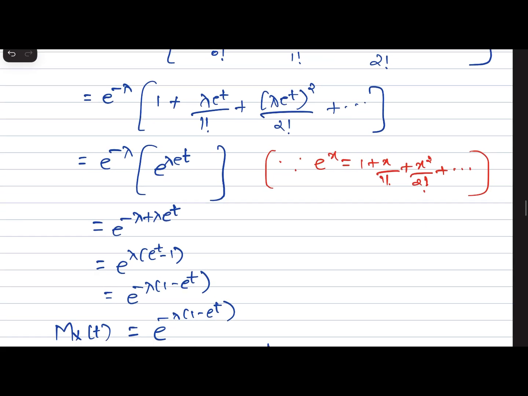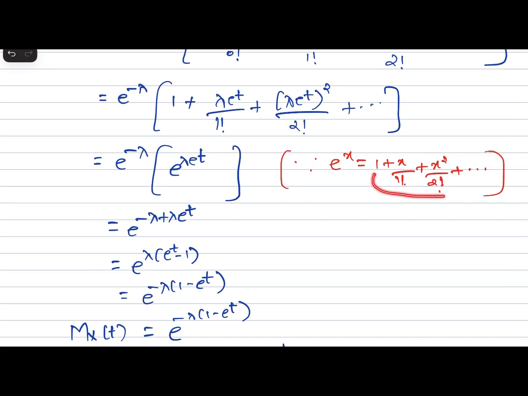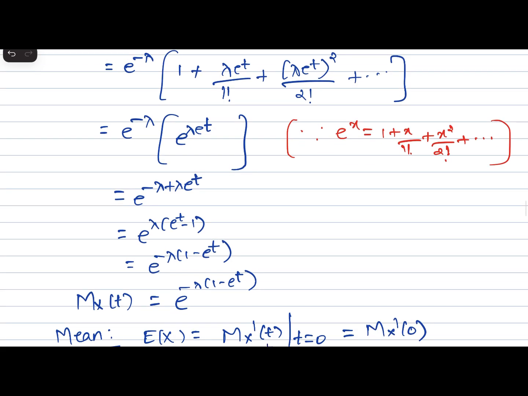But we know very well that 1 plus x by 1 factorial plus x square by 2 factorial plus etc. is nothing but e to the power x. So you can just compare these terms with your x terms. So this is also looking like 1 plus x by 1 factorial plus x square by 2 factorial, like that. So this could be written as e power x, but x is nothing but lambda e power t. So I think this is clear for you.